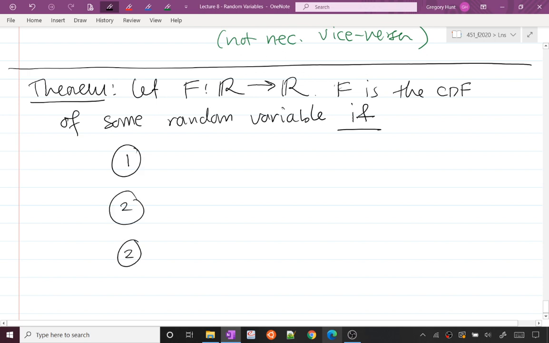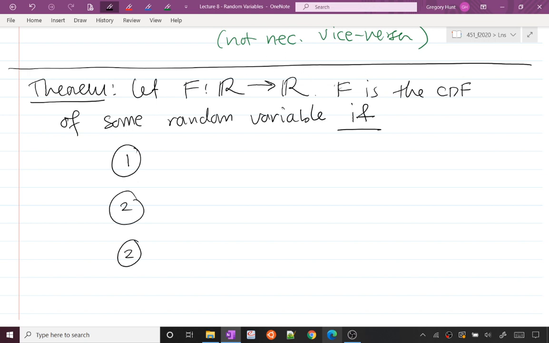So above we said if it's a CDF, it satisfies the whole list of those 5 things, right? What we're now going to say is if you give me some random function f, there will be a random variable which has this function as its CDF if the following 3 things are satisfied. So it's a partial converse to the facts above, the exact converse to a couple of the facts.